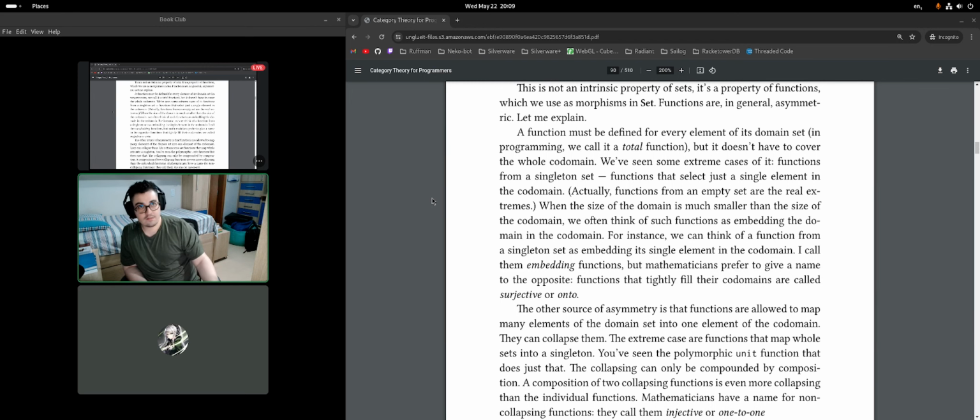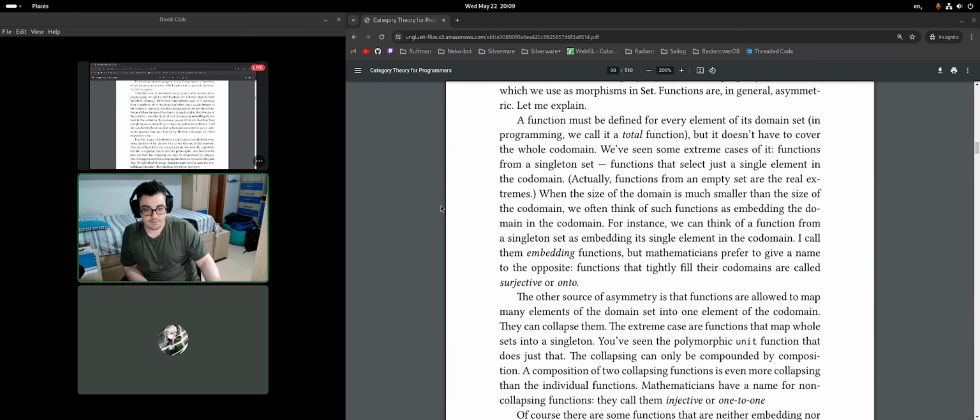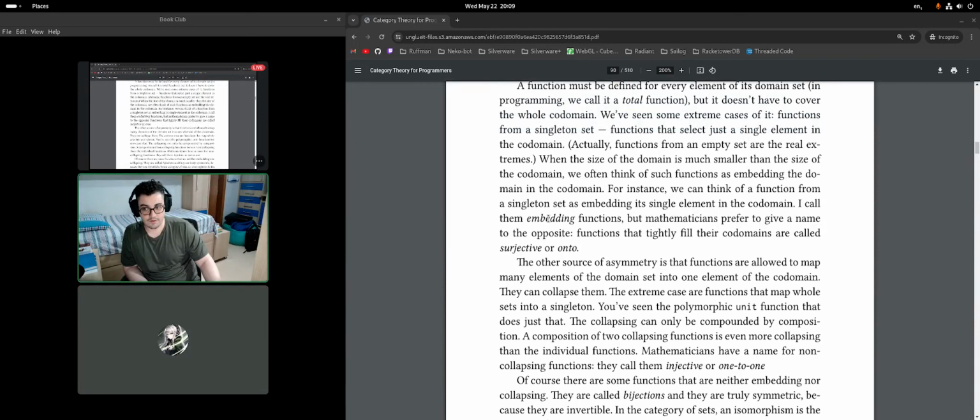But that's not all. Let's imagine that you also have functions that are doing what he calls collapsing. That means you're mapping members of the domain to the same elements in the codomain. A classic example, as Marinho said, is a predicate, right?